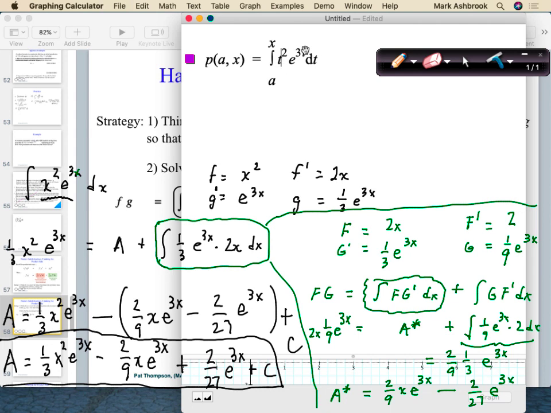This is what we were originally given, right? So with nothing on the integral, x squared e to the 3x, that's the same as this for all values of a. Okay? And then also, what next?